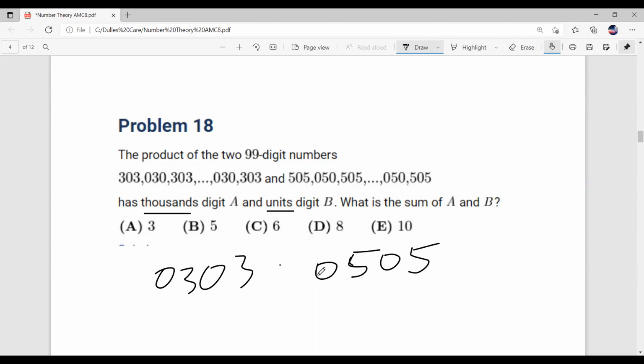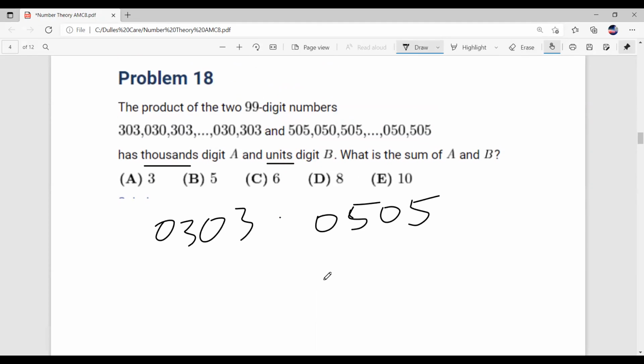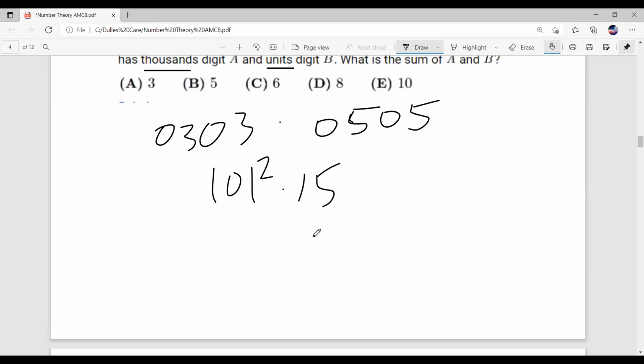So let's multiply these two numbers. You could just brute force it, right? Or you could alternatively just say it's like 101 squared times 15. 101 squared is just equal to 10201 and then times 15.